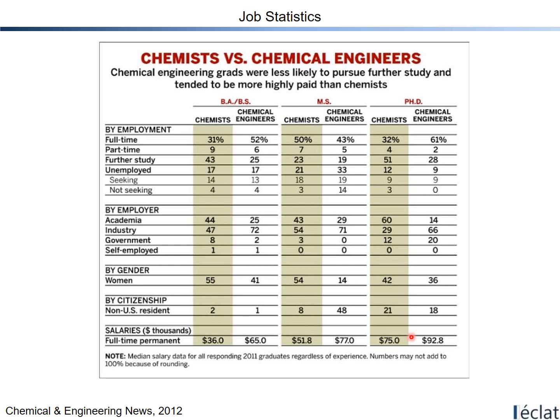It means society wants us for industries more than chemists. Actually, this job statistics is coming from Chemical and Engineering News 2012. So maybe the salary is about $150,000 for chemical engineers right now. Actually, it is not a very important thing.